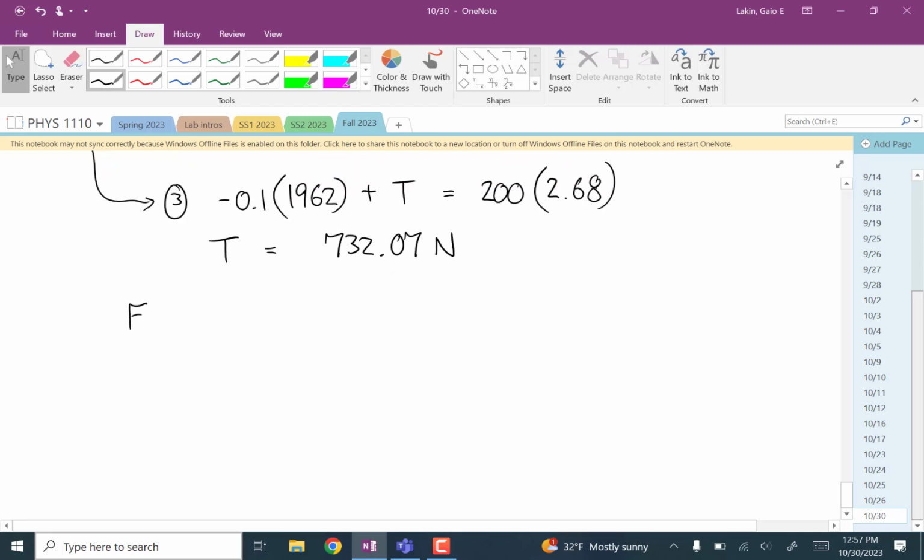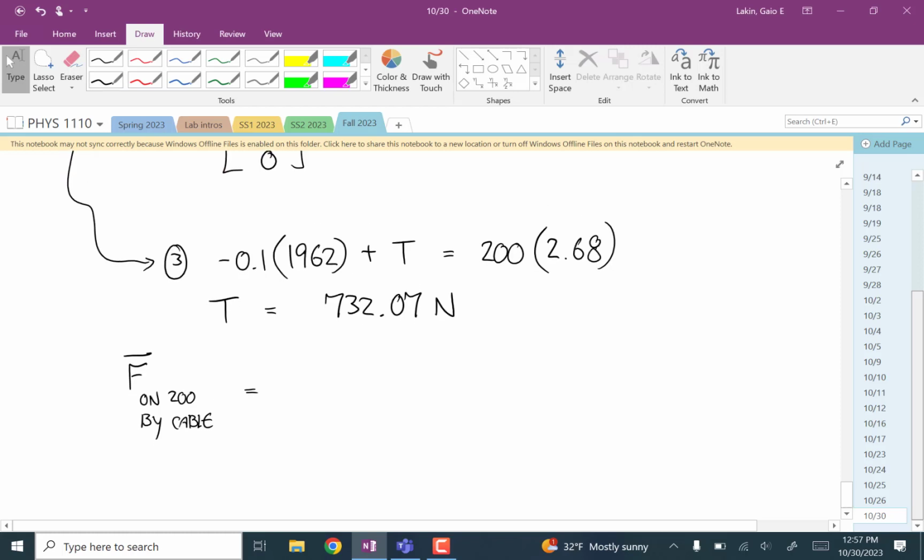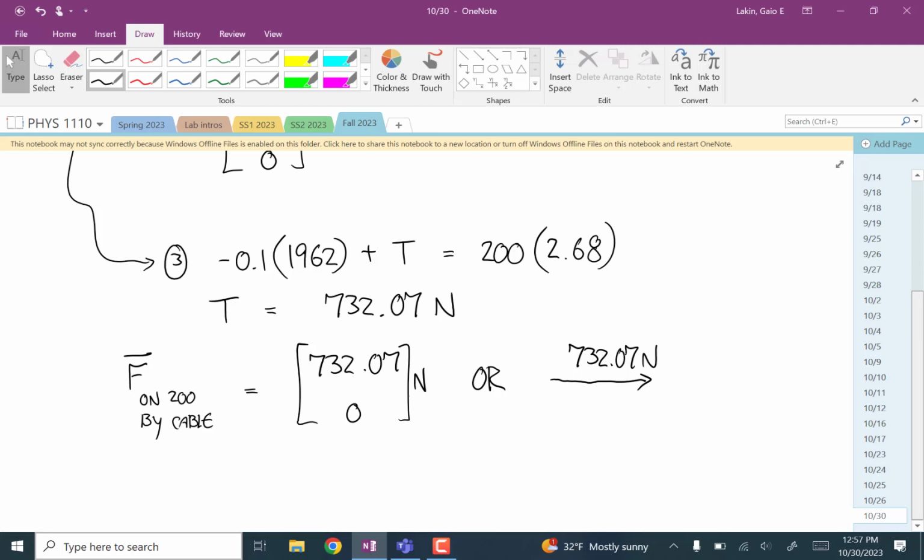And so the force on the 200 by the cable is 732.07 for X, 0 for Y, or a force going this way with a magnitude of 732.07 newtons. So if you try to do this with a cable that can only support a force of 500 newtons, it wouldn't work. It would break.